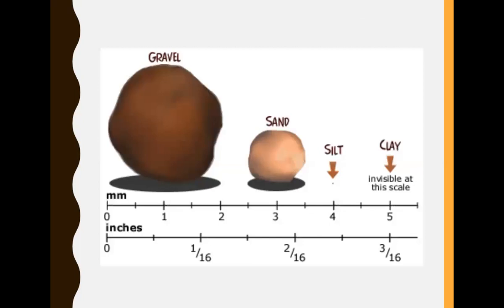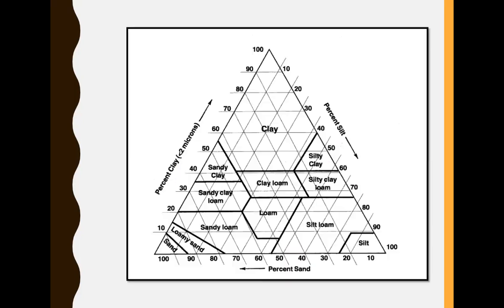Up here you see a piece of gravel, pretty large, something we can walk outside and pick up. Then you see sand, silt, looks just like a pen dot up there, and clay, which you can't even see on this scale. That's how small the particle size is.